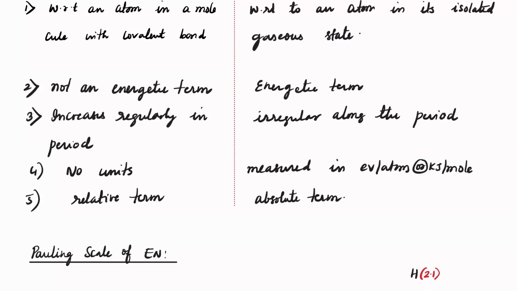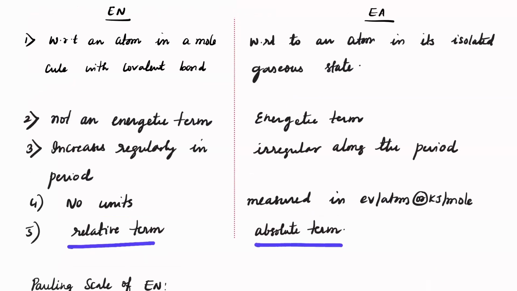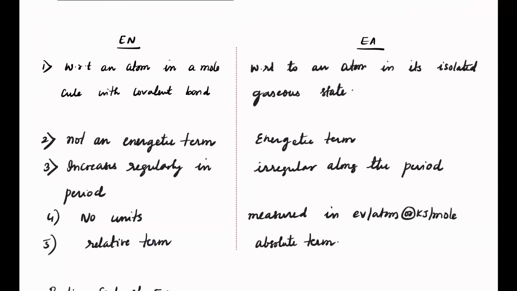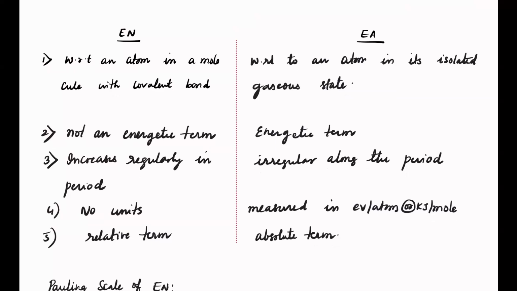So you can see this has an irregular trend, while electronegativity has a very regular trend. Since it's a relative term, you will not find any units for it, while electron affinity is measured in terms of electron volts per atom or kilojoules per mole. So this is a relative term, this is an absolute term. So these are the basic differences which you'll identify between electronegativity and electron affinity.